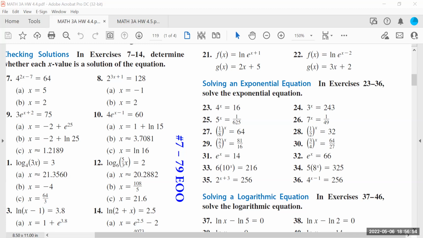And there are 1, 2, 3, 4, 5, 6, 7, 8 different examples, 4 of each, of how you can use one-to-one or use inverses. And I'm just going to walk you through some of the homework examples using the same ideas. Here we go.